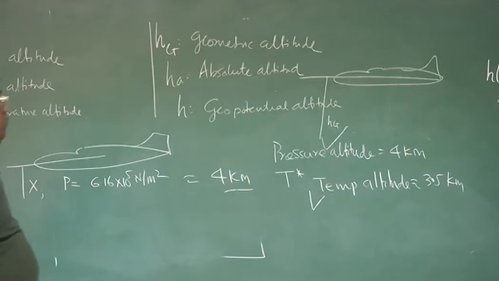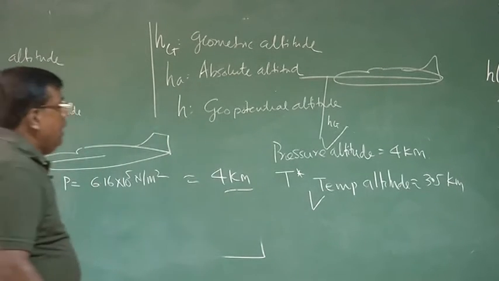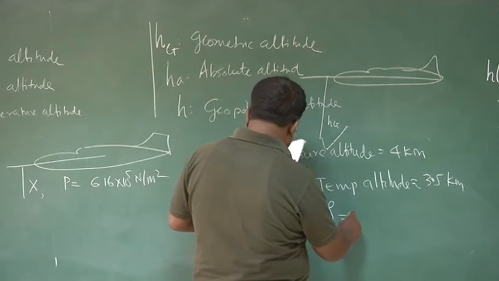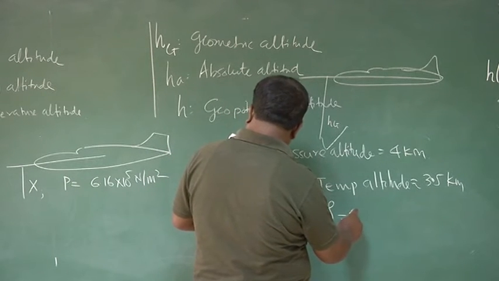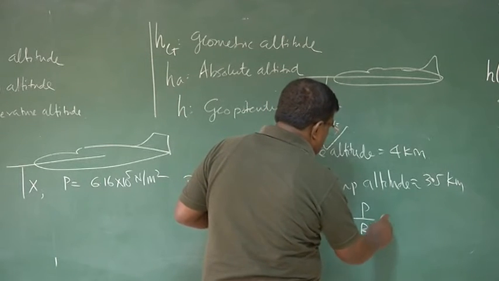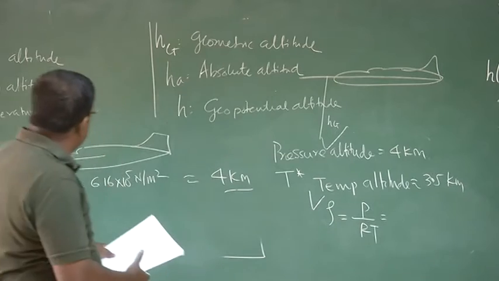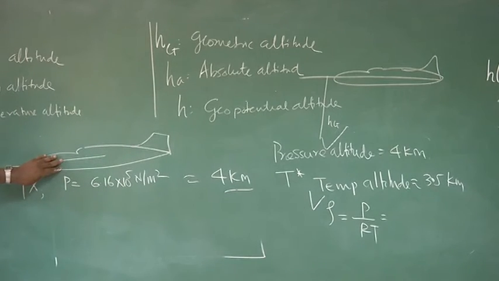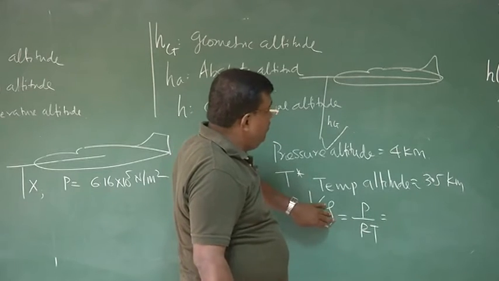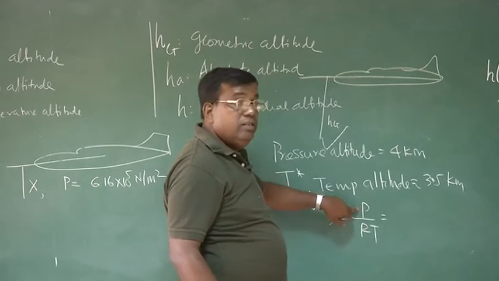And now if I ask what is the density altitude, we all understand. Rho equals P by RT. So you know what is the pressure you are sensing, actual pressure. You know what is the temperature actually you are sensing. You find what is the density by using this relationship.